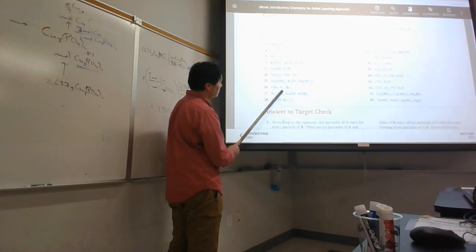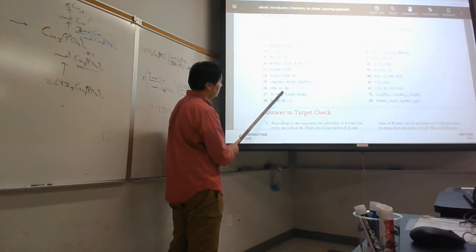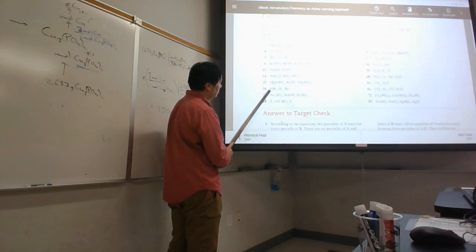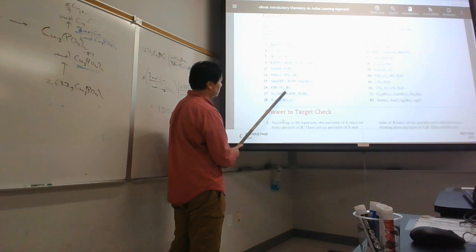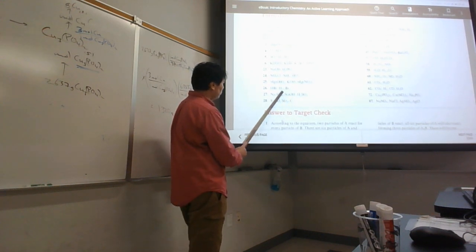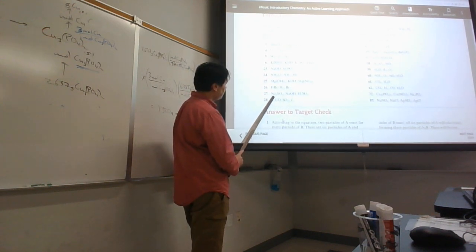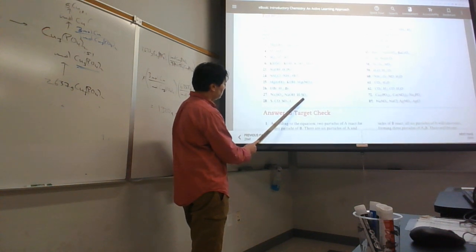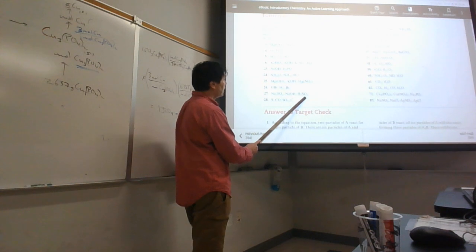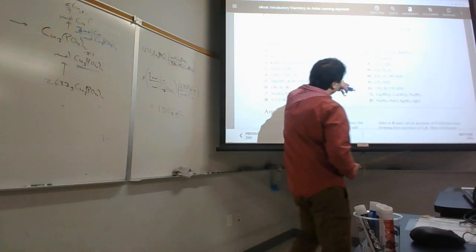Depends. If it's a gas, it looks like they're looking at formation in the element, so it could be hydrogen bromide. If it's in the aqueous state, hydrobromic acid. Hydrogen formed from hydrogen bromine. Sodium sulfate. Sulfuric acid. Right?